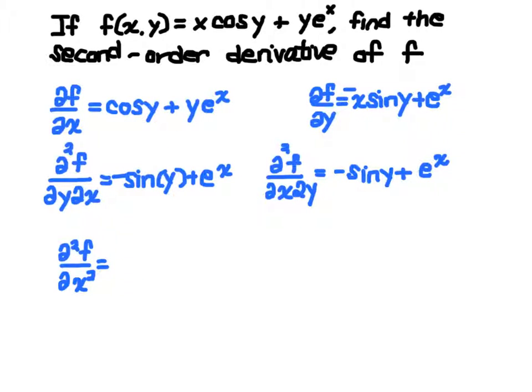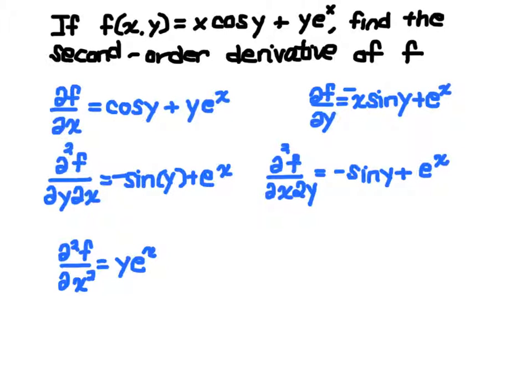So when we do this, the partial derivative of the cosine of y with respect to x is going to be 0 because we treat that like a constant. And then we come here, and for the partial derivative of y e to the x with respect to x, y is treated like a constant, and the partial derivative of e to the x with respect to x is e to the x.